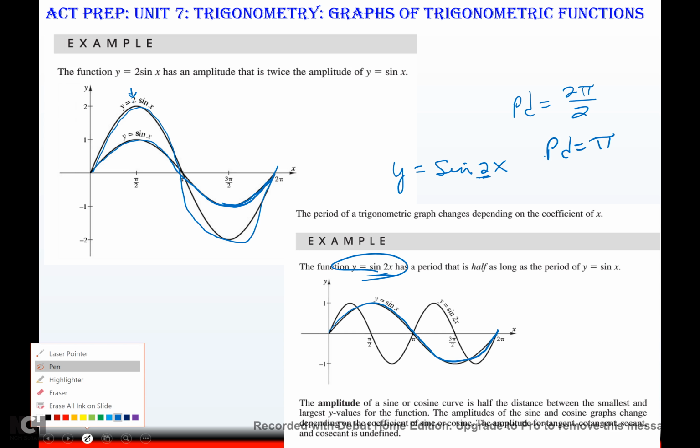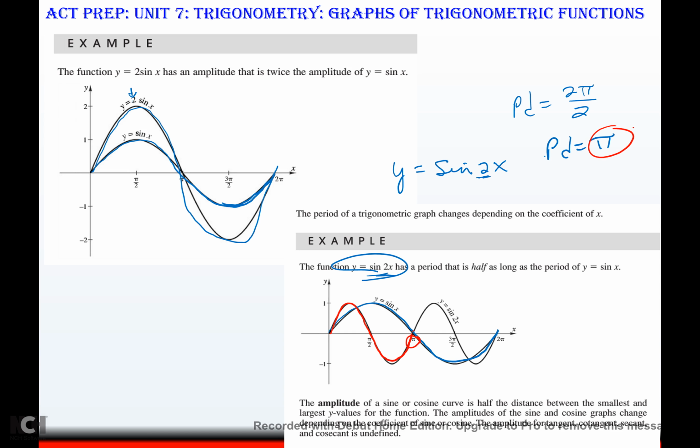Okay, and then if you look at sine 2x, see how it finishes one of its cycles by pi, which is what it came out to be. And again, it shrunk it. So that's altering the length of your period.